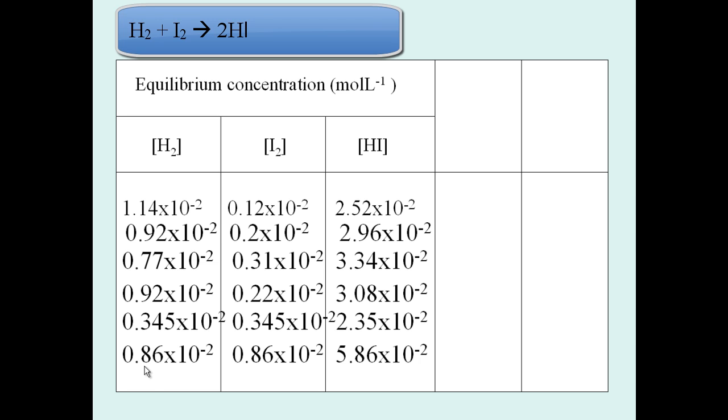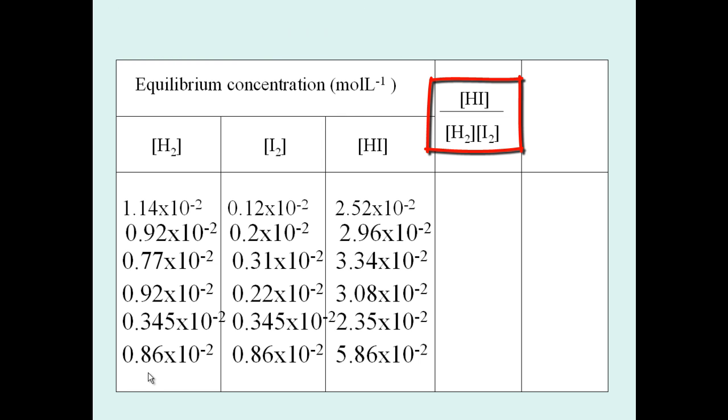But what I'm going to suggest to you is that we try this. Go down that column and work out the value of the concentration of hydrogen iodide divided by the concentration of hydrogen multiplied by the concentration of iodine.